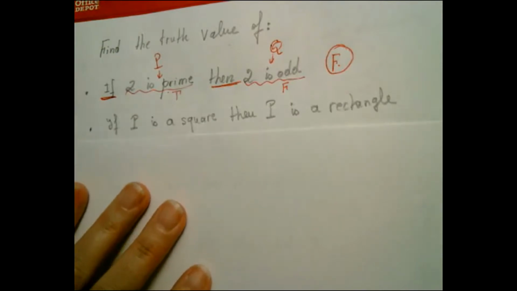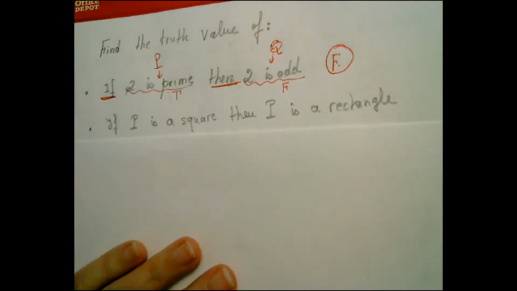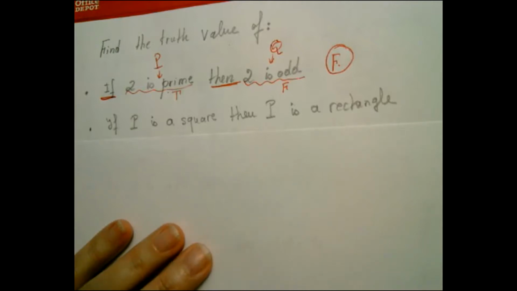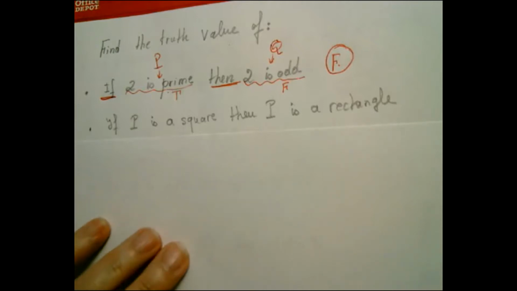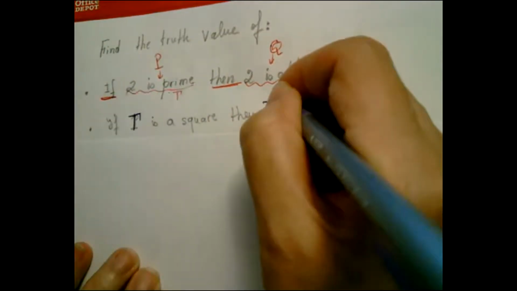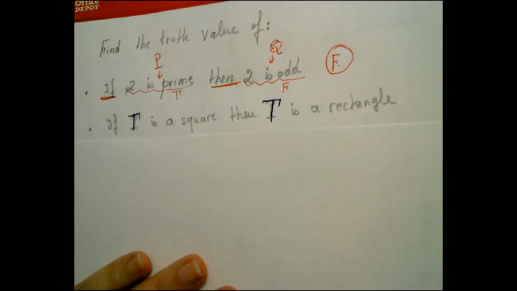Now we move on. If T is a square, then T is a rectangle. Oh, sorry, I used P for two different things, so let me use something else. Let me write this T. Now, T is like a four-sided polygon in my head that you guys don't know what it is, but it is something that is in my head.